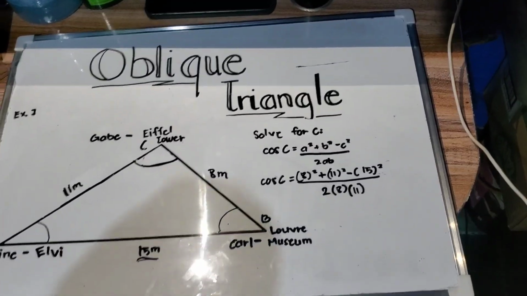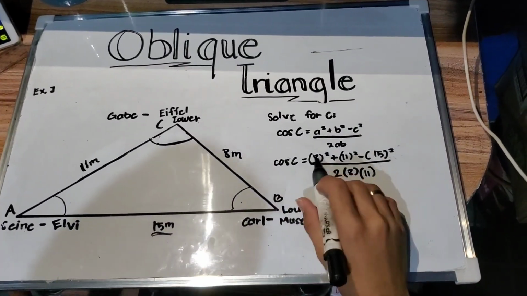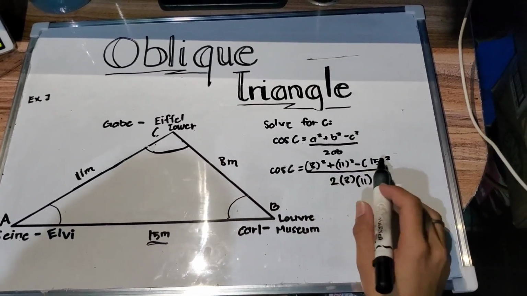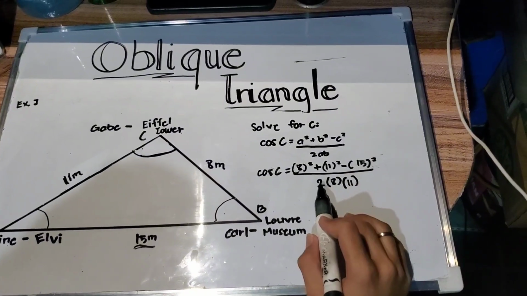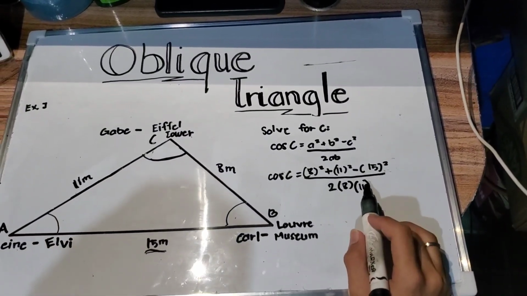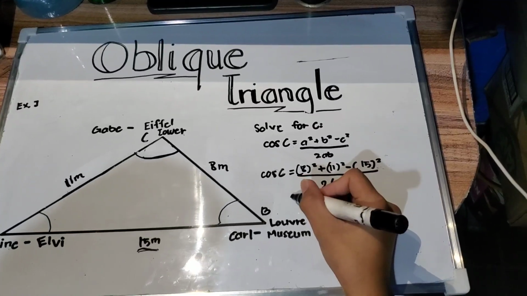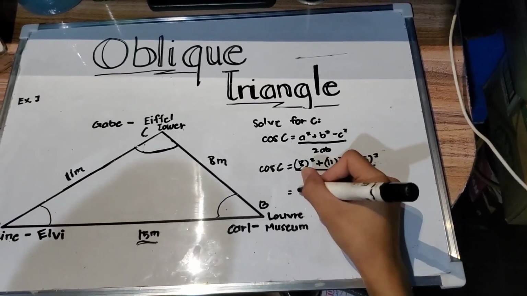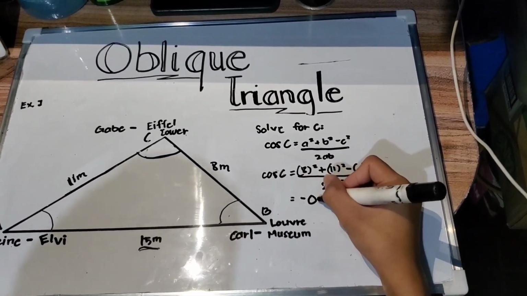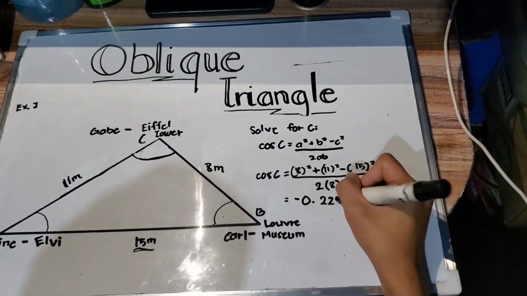The next step is to put this in your calculator: 8 squared plus 11 squared minus 15 squared all over 2 times 8 times 11. If you put this on your calculator, you will achieve this value, which is negative 0.2273.